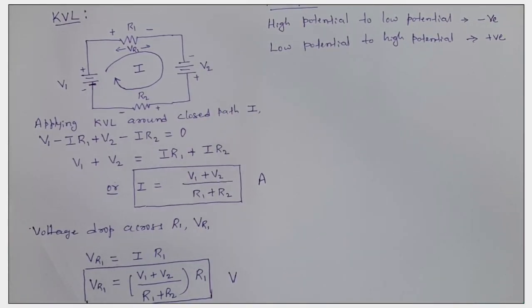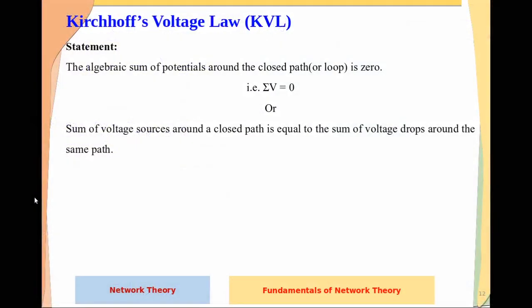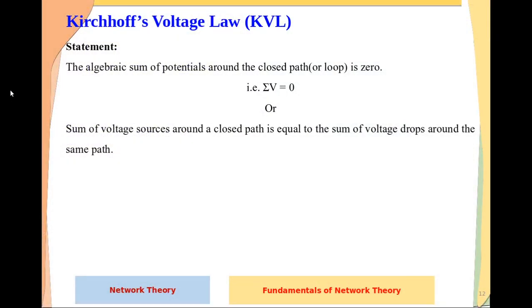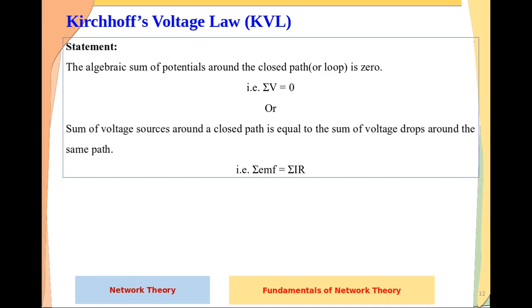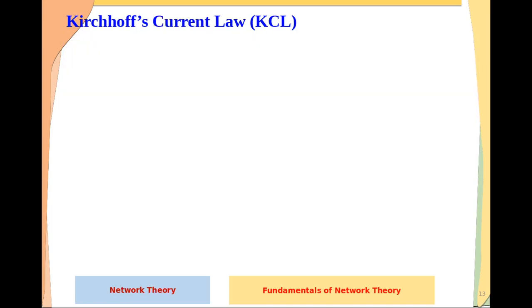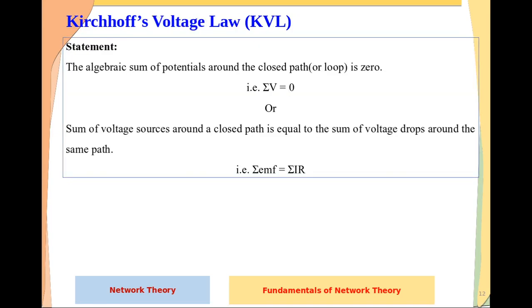Okay, so with this we'll proceed further to the second law, that is Kirchhoff's current law. In case of Kirchhoff's voltage law, the sum of EMFs, the sum of voltage sources around a closed path, is equal to the sum of voltage drops. That's what you can see here, dear students.